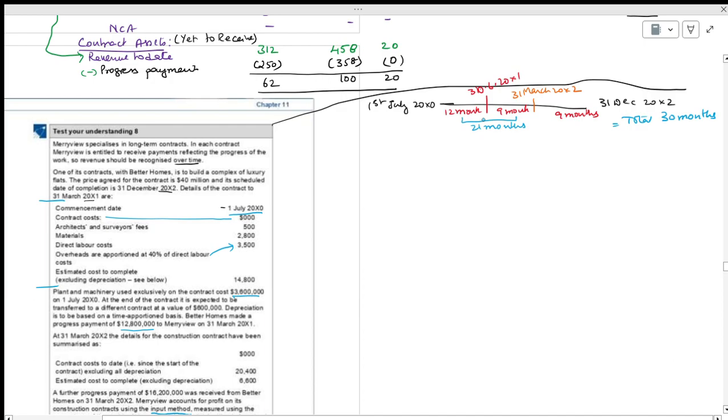Okay, 31st March 2001. How many months are there?